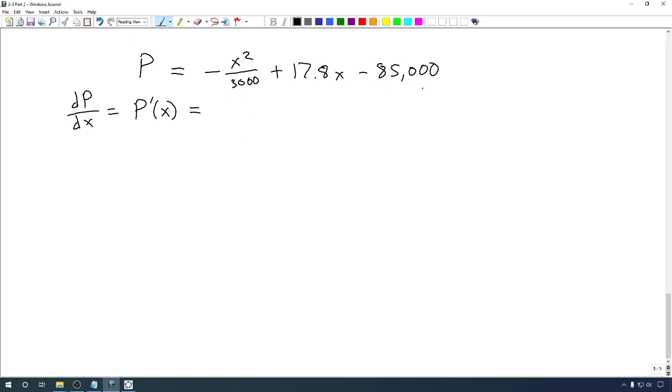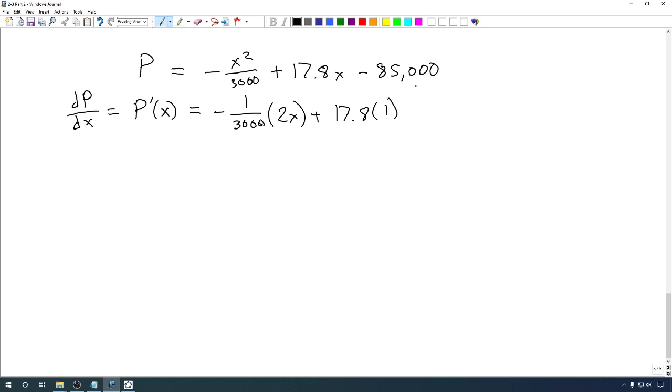We want to differentiate this. So here we have an x squared, but multiplied by negative 1 over 3,000. So we take that negative 1 over 3,000, and we multiply it to the derivative of x squared. We know that derivative is 2x. Next we take the 17.8 times the derivative of x, which is a 1.